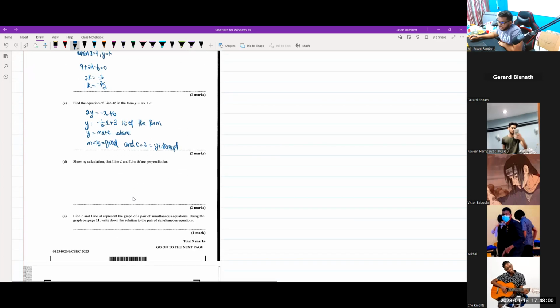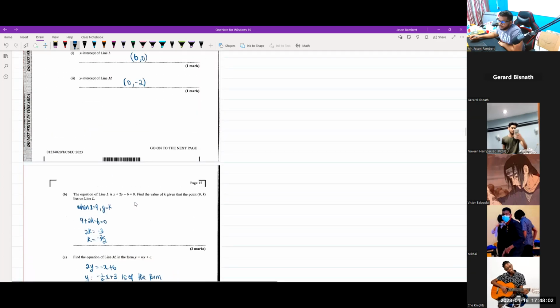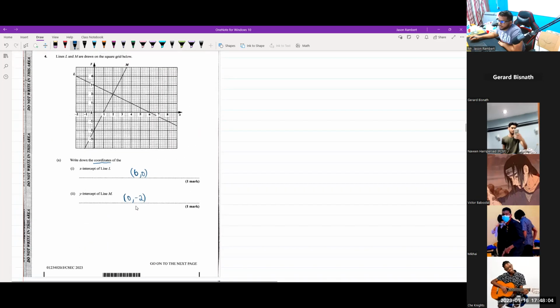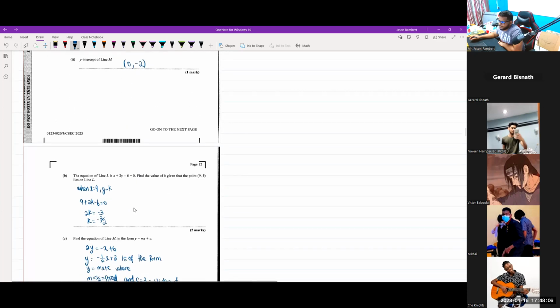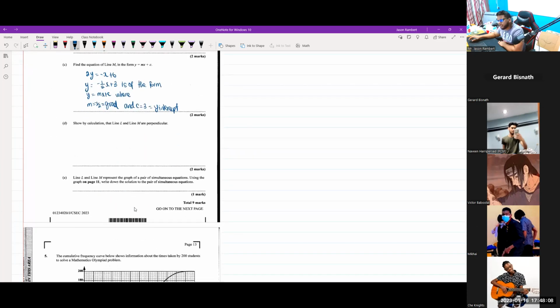Show by calculation that the lines L and M are perpendicular. Calculate their gradients. How many marks is this? Just 2 marks.